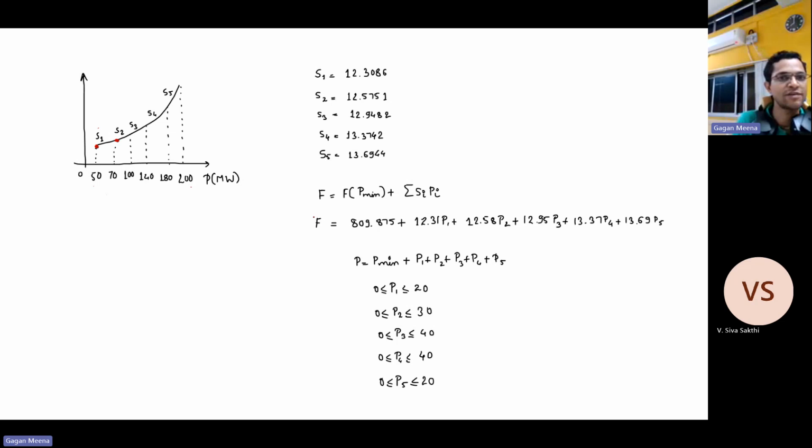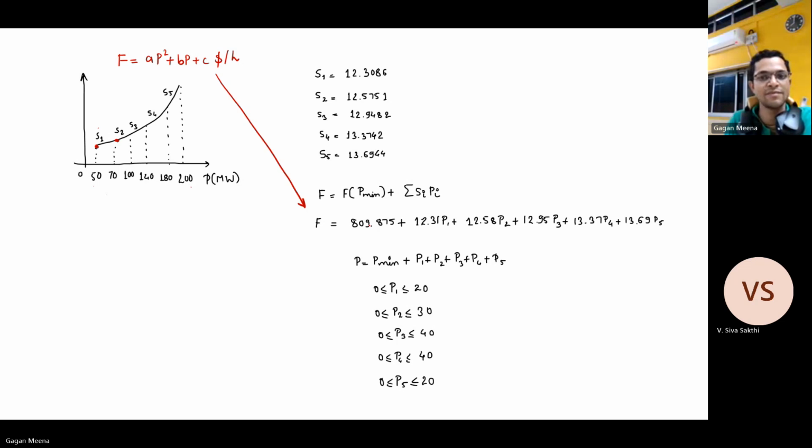Then the overall cost function F is AP square plus BP plus C, and we can write it in this linear fashion: minimum cost plus slope 1 into P1 plus slope 2 into P2 plus slope 3 into P3 plus slope 4 into P4 plus slope 5 into P5.